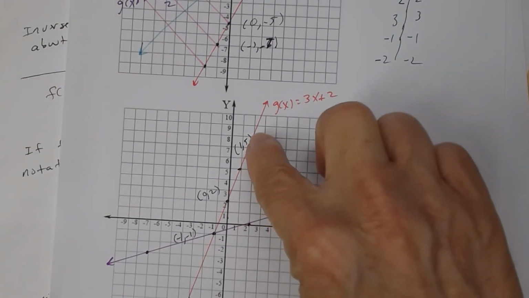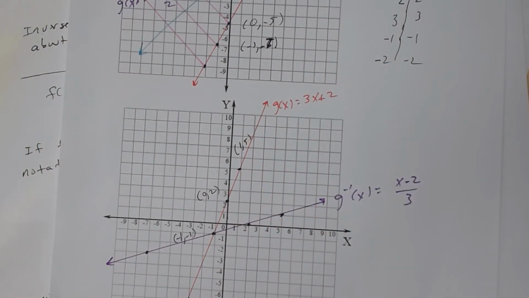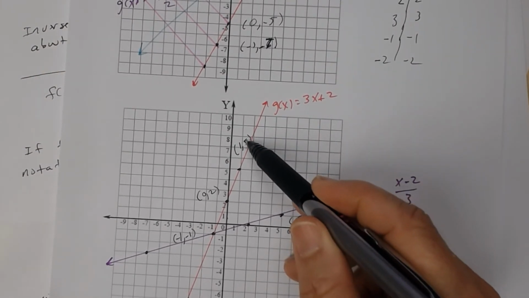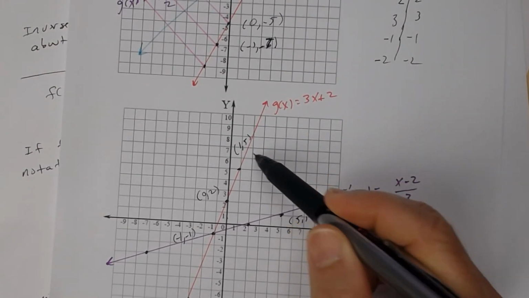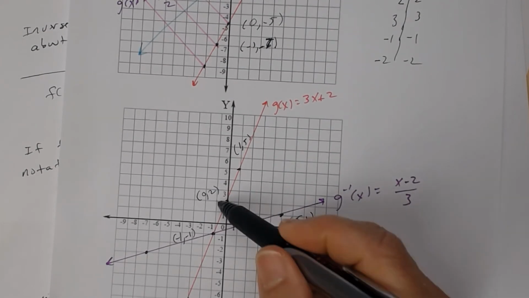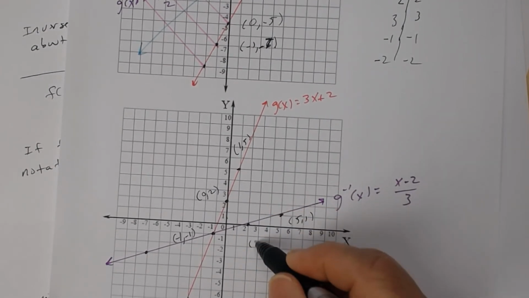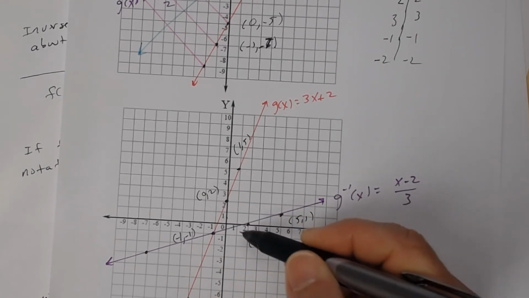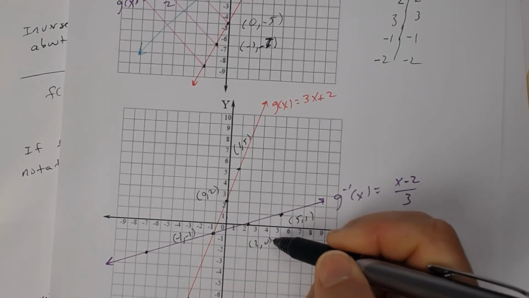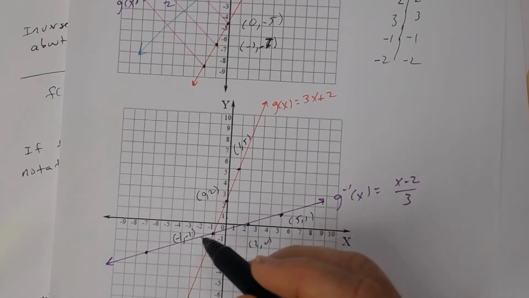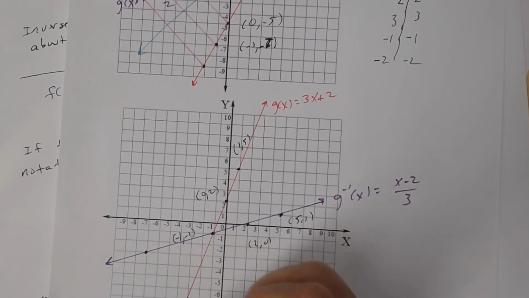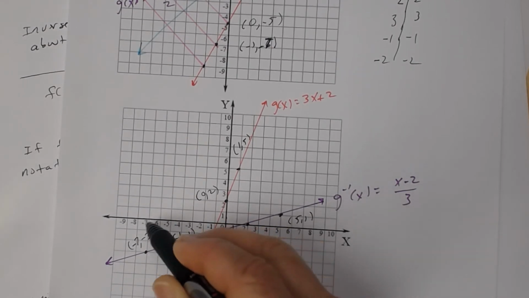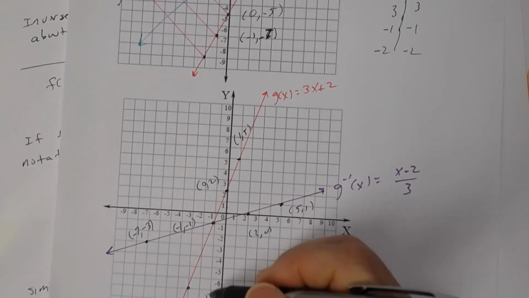So remember, let me go ahead and show you. So this was the point (1, 5) here. This y value became this x value. This x value became this y value. (0, 2) became (2, 0). So this y value became this x value. This x value became this y value. Over here, that was (-3, -7).